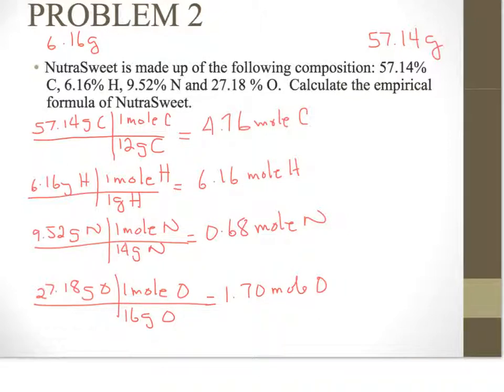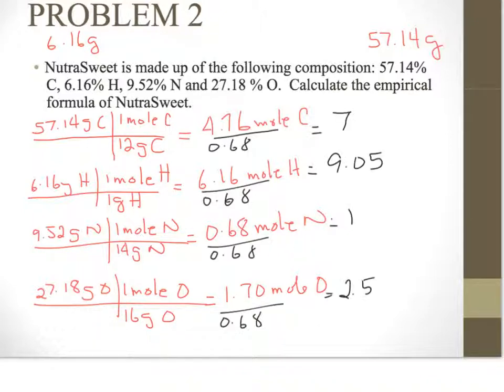So the next thing we need to do is we need to divide by the lowest number of moles. So in this case, the lowest number of mole is 0.68. So when we divide by the lowest number of mole, we got 7 mole for carbon, 9.05 mole for hydrogen, 1 mole for nitrogen, and 2.5 mole for oxygen. Now, in this case, the 9.05 and the 2.5 is not whole number.